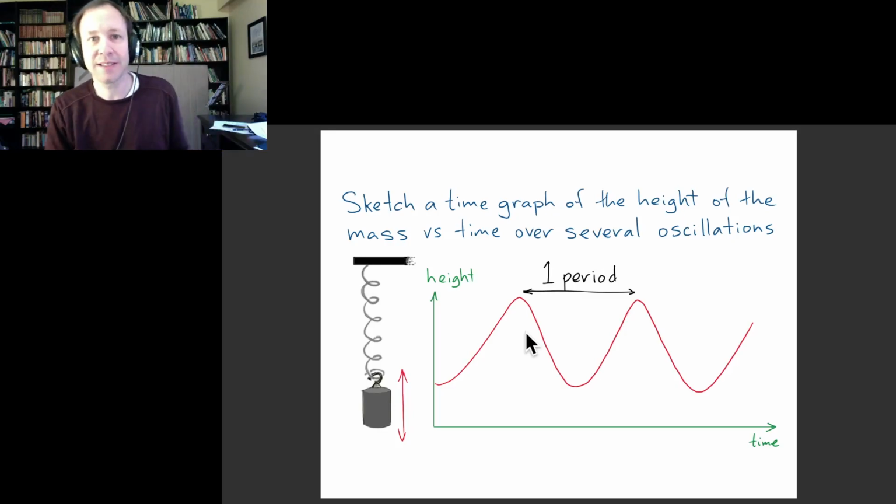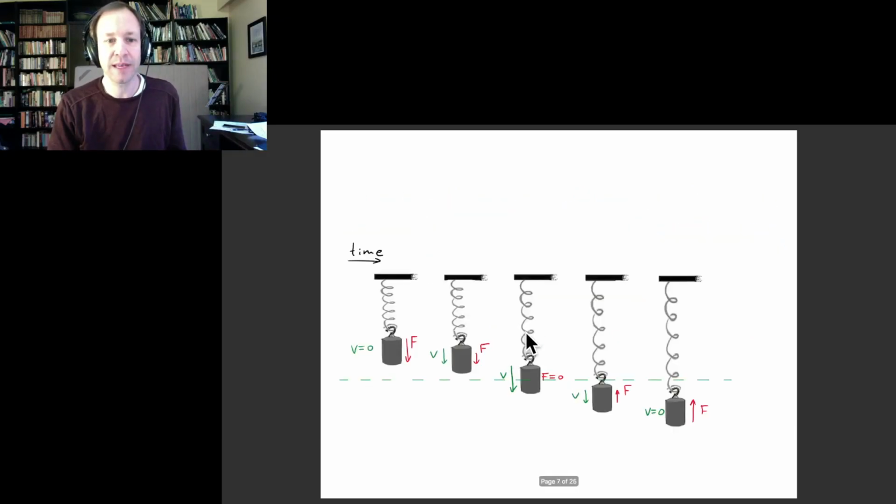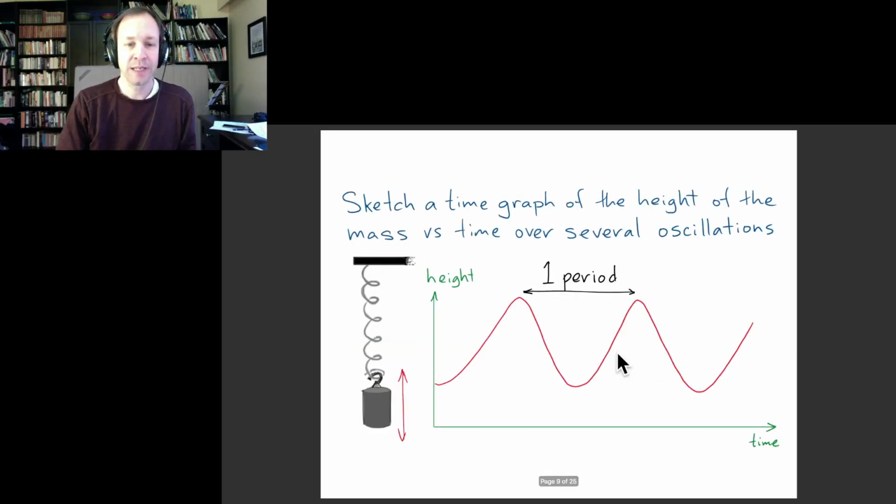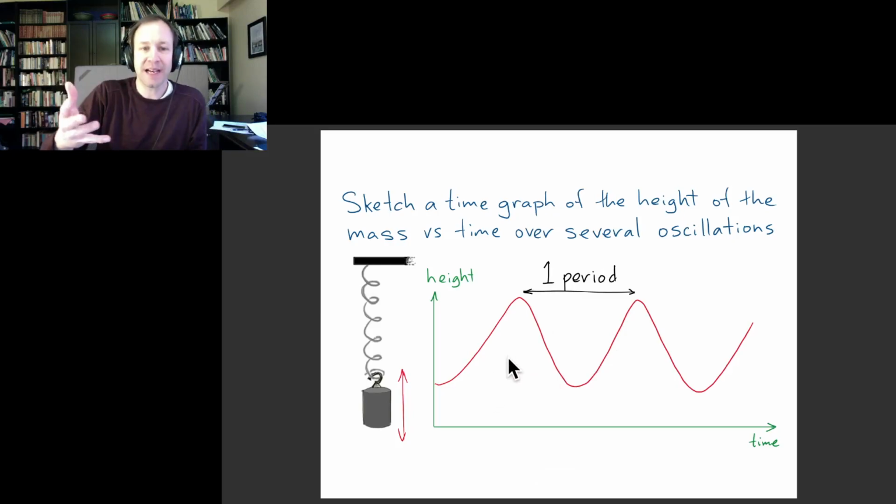And so that actually has to do with something that we saw in the previous slides. Remember that as it moved upward, originally it started going up with some velocity, and then it was faster, and then it was slower again, and then it stopped. And so basically the speed here, that's how quickly the height is changing with time. It's basically going to be how steep this part of the graph is.